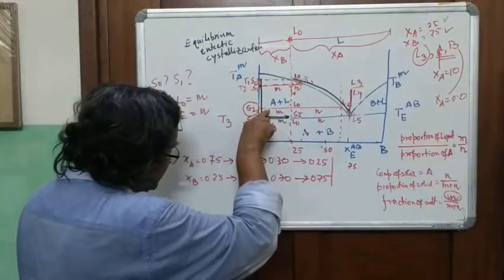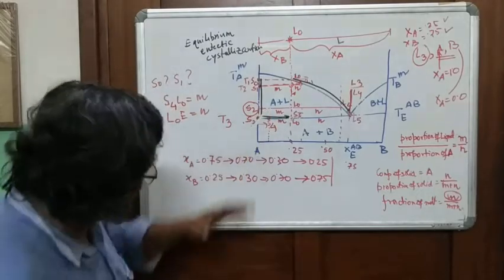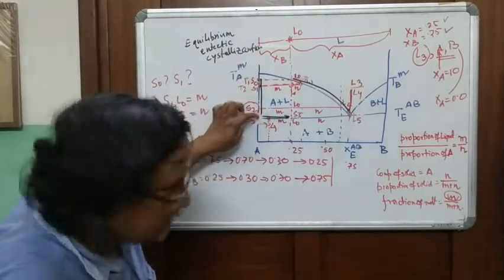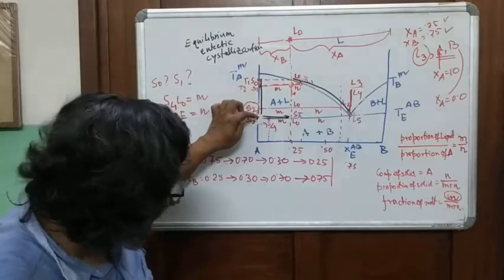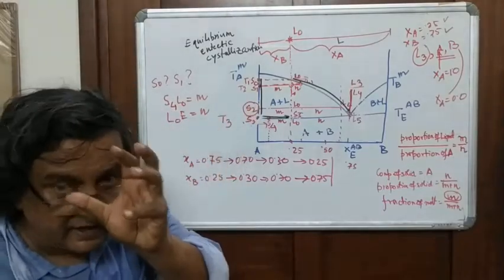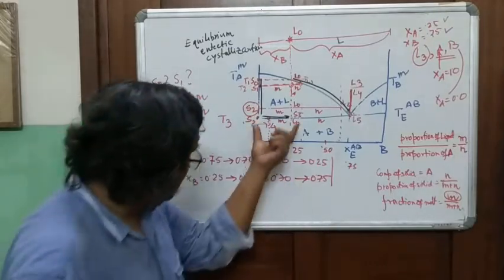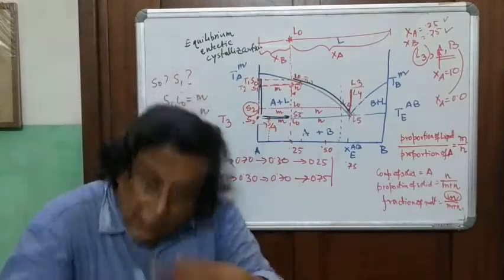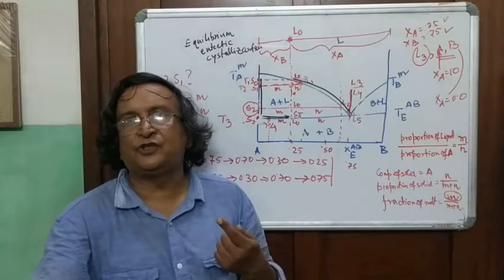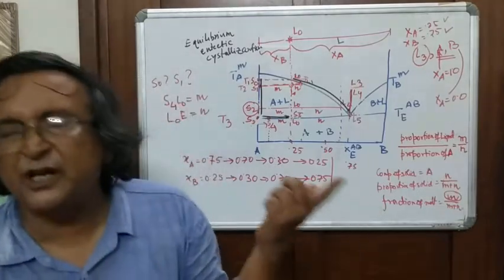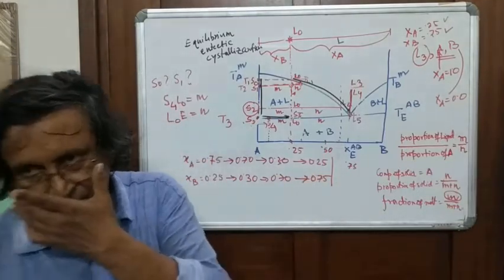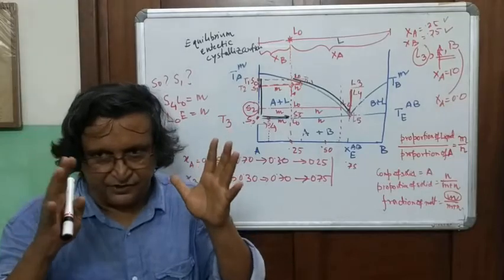Here, if you take this as the dividing line, in this part the composition of the solid remained the same, and the proportion of the solid increased. But in this part, the composition of the solid also changed as the proportion of the solid increased. That's a very big difference.